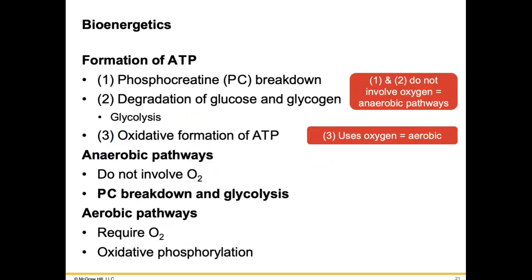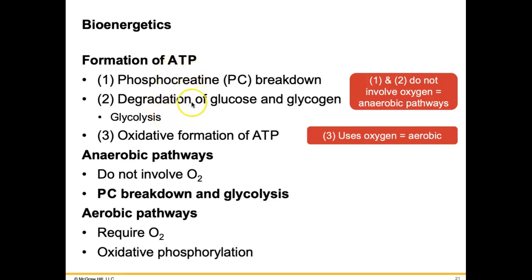Now we can get into the topic of bioenergetics. We have our formation of ATP that is going to take place through metabolic pathways, and these pathways exist in our cells to produce ATP rapidly because all of our muscles need it continuously. So those three metabolic pathways are phosphocreatine breakdown, our degradation of glucose and glycogen, which is also known as glycolysis.